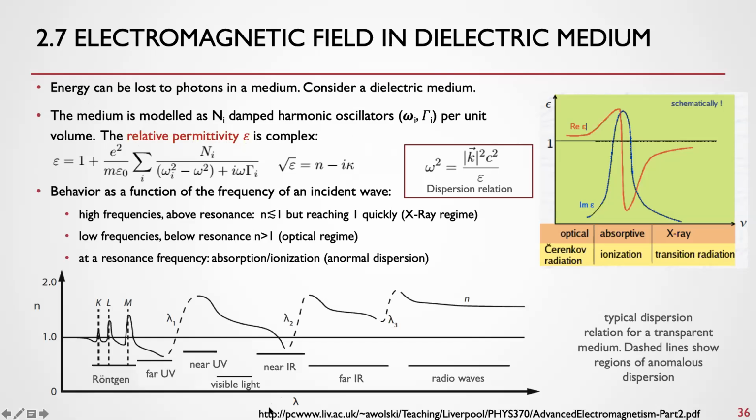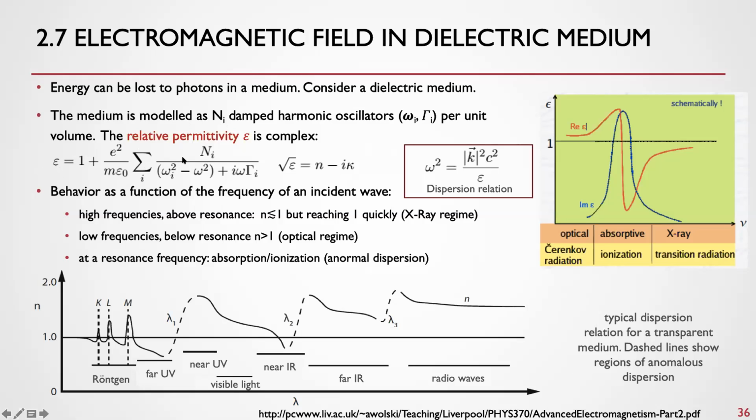Now, I decided not to derive the equation for the relative permittivity in a medium. If you follow the link given below, you get an excellent introduction. It's not needed in detail, but it does pay off to look at the formula for a little bit. So the relative permittivity is a complex number, and it gives you the electric field in the medium with respect to an incident field in the vacuum of a certain frequency omega.